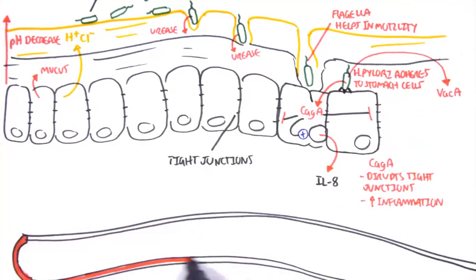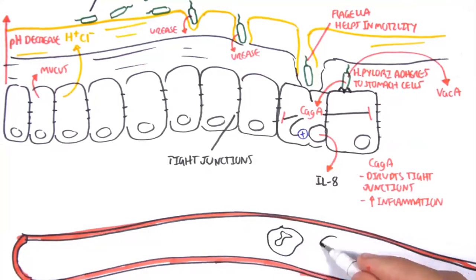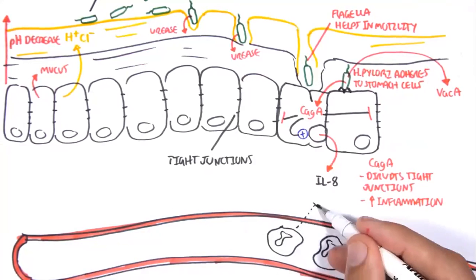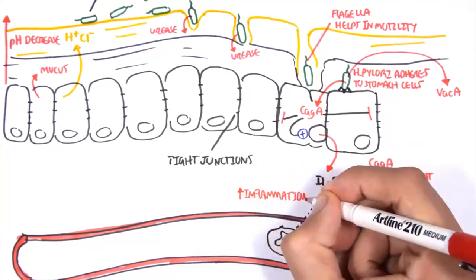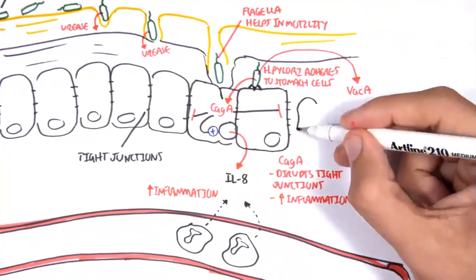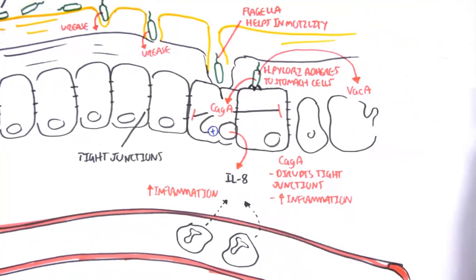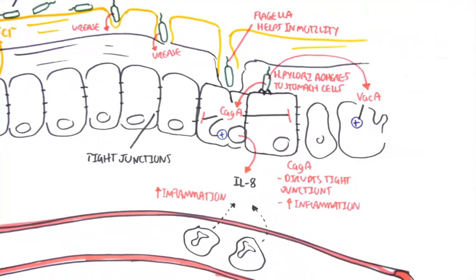Interleukins or cytokines act as signaling molecules. This interleukin 8 enters the bloodstream and causes the release of neutrophils, and a high concentration of neutrophils causes inflammation and further leads to more infection.